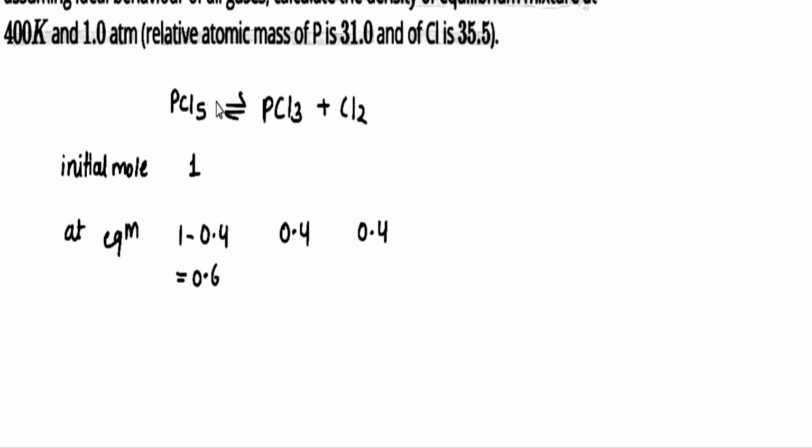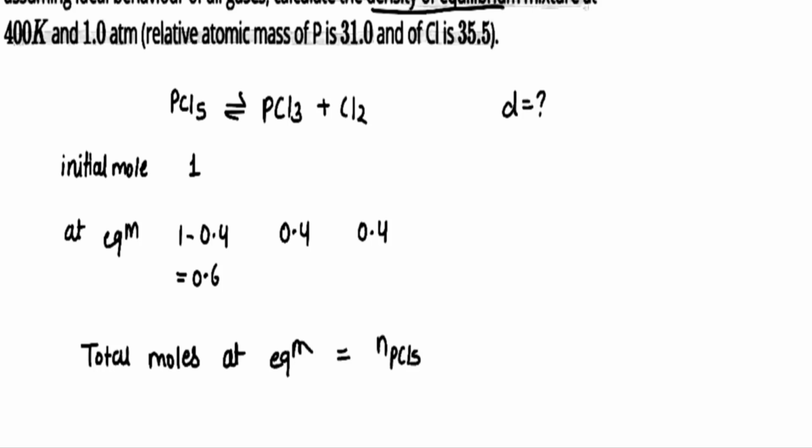Now we have to calculate the density of the equilibrium mixture. First of all, calculate the total moles at equilibrium. It will be the moles of PCl5 plus moles of PCl3 plus moles of Cl2.